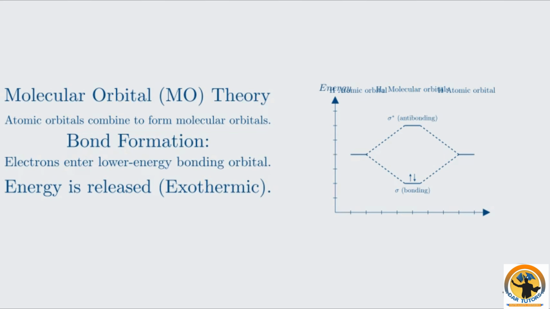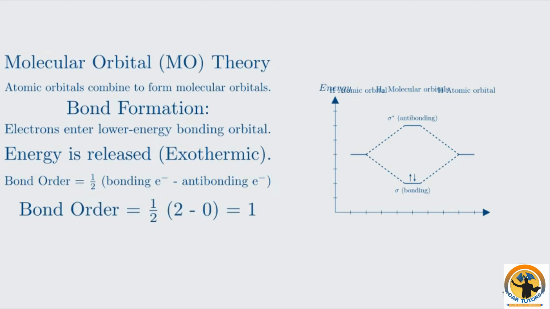The bond order, a measure of the number of bonds between two atoms, is calculated using the number of bonding and antibonding electrons. For the H2 molecule, we have 2 electrons in a bonding orbital and 0 in an antibonding orbital. The bond order is 1. This confirms our understanding of a single bond between two hydrogen atoms, but provides a more rigorous quantum mechanical explanation for the energy release during its formation.